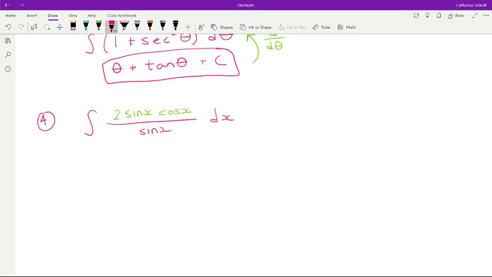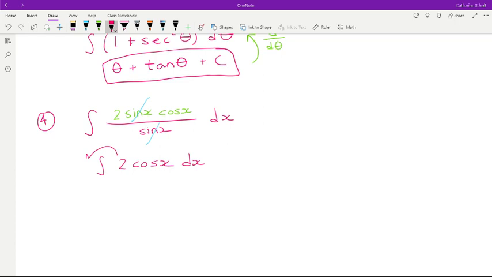All right, and then look at this lovely thing. We have a sine x that cancels, and then once we're able to cancel that sine x, our life gets a little bit easier. All right, we're just looking at 2 cosine x.